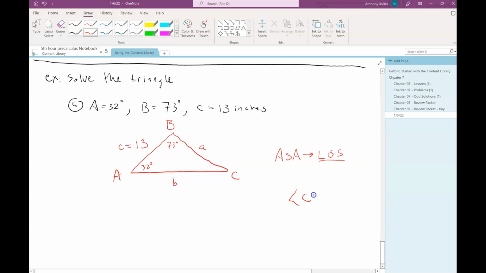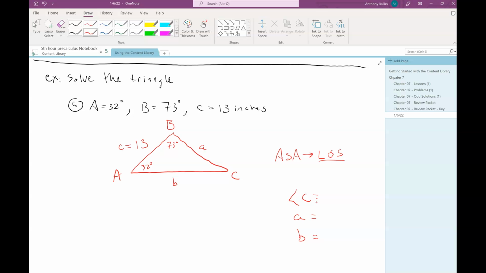So we need angle C, we need side A, we need side B. The order absolutely matters that we're doing this. The first step that we must do is, as Rami suggested, we have to find angle C. But that's really easy, right?